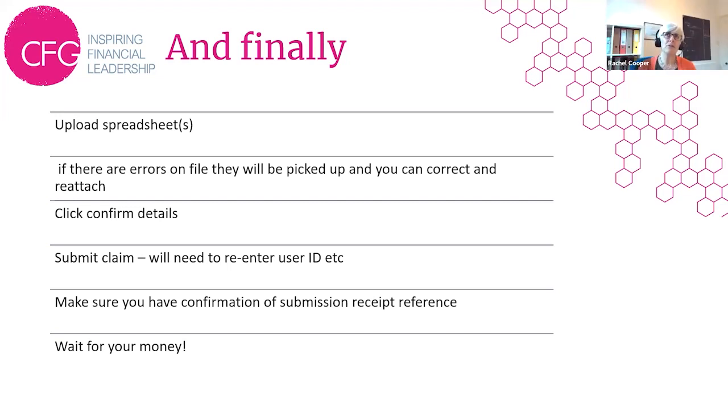And also, if you're not getting the money, it could be something really simple, like you've got the wrong authorized official. Certainly with one of the clients that I was working with, they hadn't realized from the communications that they had from HMRC that that hadn't made sense to them.